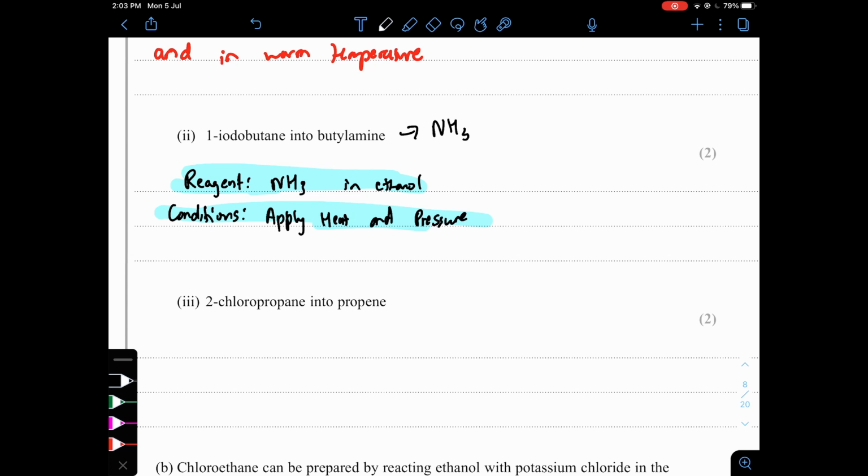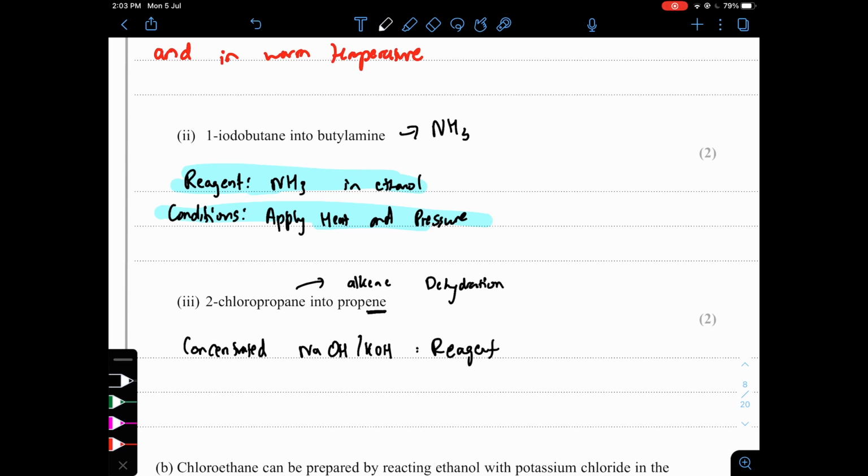Now, 2-chloropropane into propene. So this is an alkene. So this is a halogen alkane going to an alkene. That's actually an elimination reaction. Now the conditions for this are what? Usually we have to use a very concentrated hydroxide. So in this case, let's say we use NaOH, or you can write KOH. Both are fine, right? Concentrated. So this is our reagent. What about the conditions?